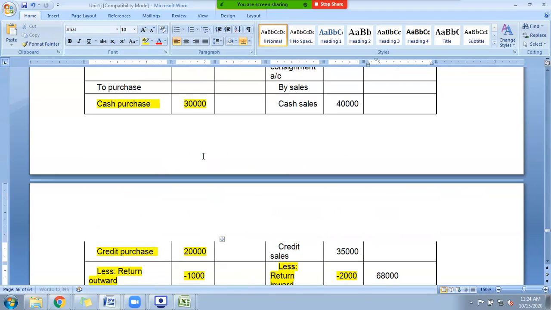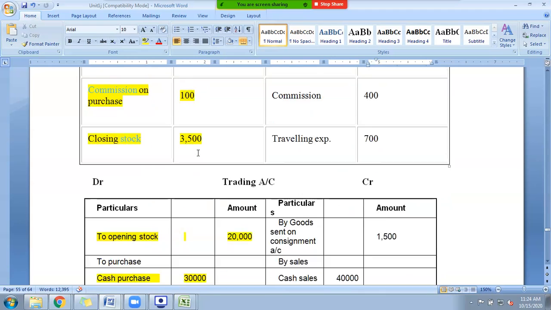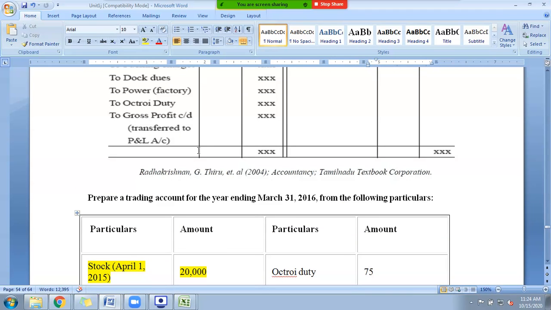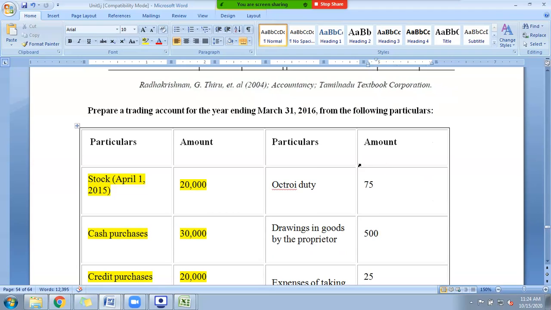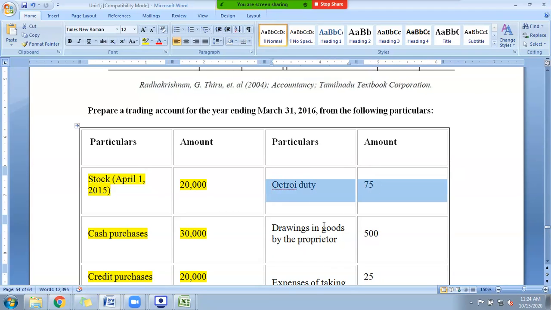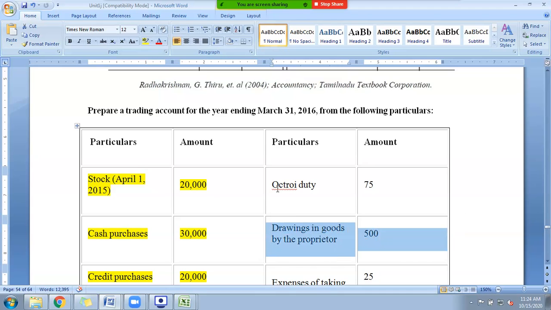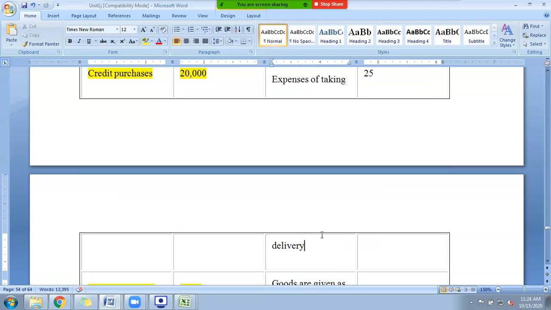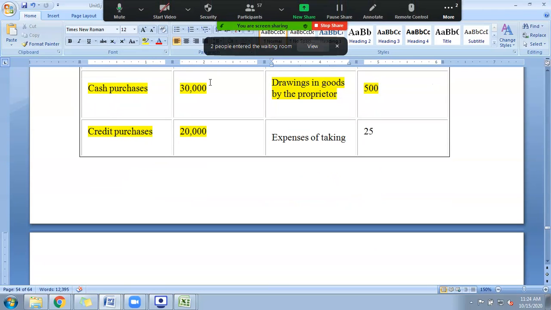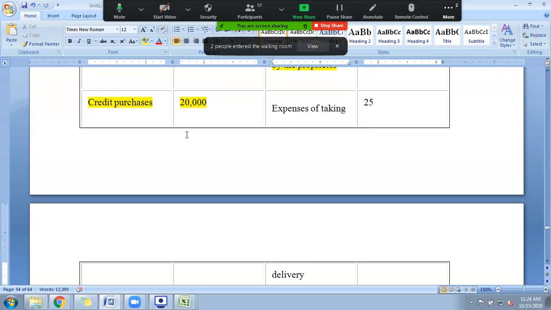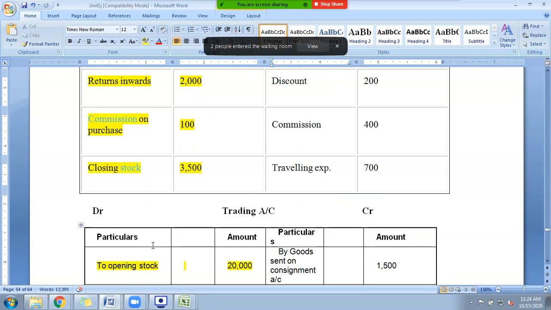Closing stock. Then go up. Octroi duty 75 rupees. Drawings of goods by the proprietor 500 rupees. So both the values should be taken to the debit side, but these goods we need to deduct from purchases because he made some purchases for his business, but for his own purposes he has taken some goods.